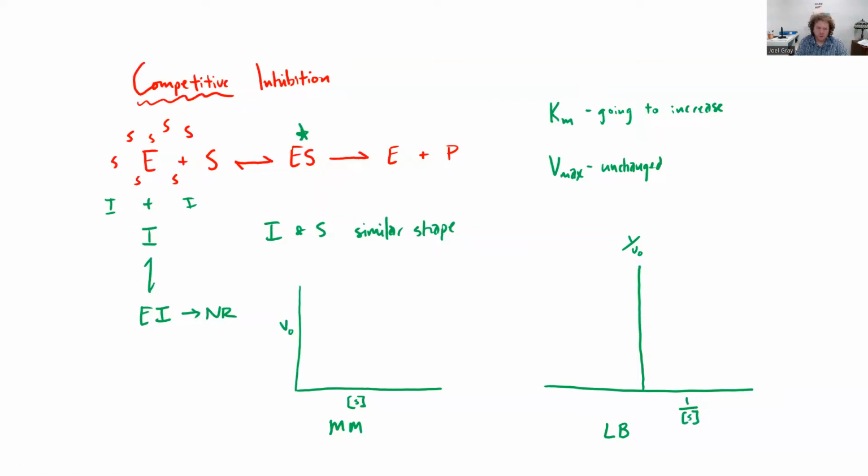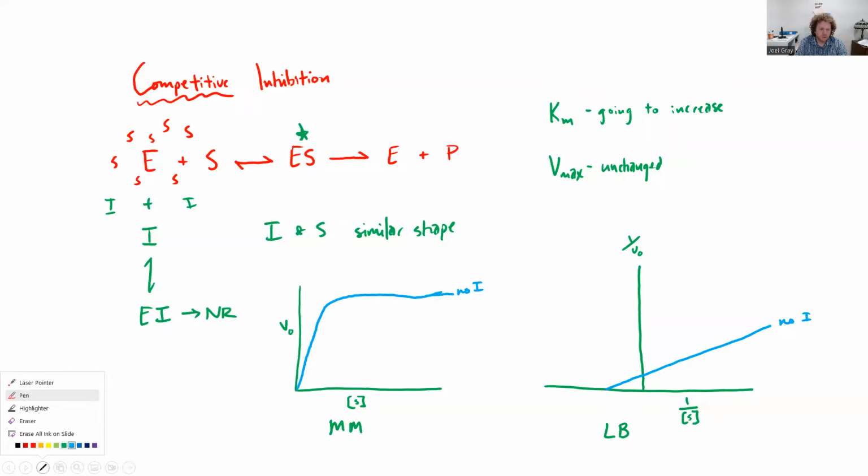I'm going to use the blue line to depict the no inhibitor present situation. On my Michaelis-Menten curve, I've got that same sort of plateau effect. I reach my Vmax. Now I'm going to switch over to an orange line to depict the inhibitor present.